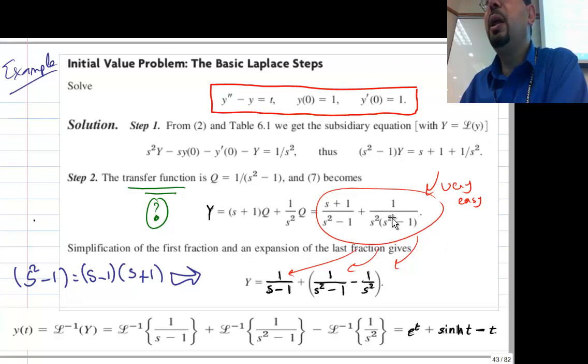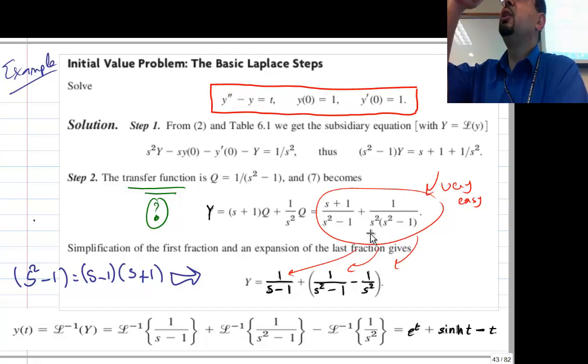Next is to break this into parts so that when we take the inverse, it's really easy on us. So this, for example, 1 over s squared minus 1. Well, you can think, I can integrate that s squared twice in the t domain. But you don't want to integrate in the t domain.